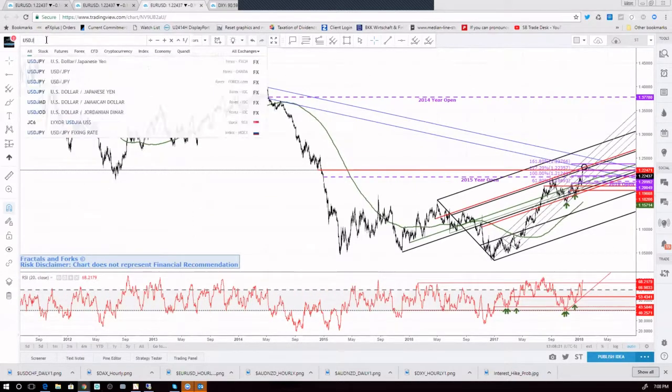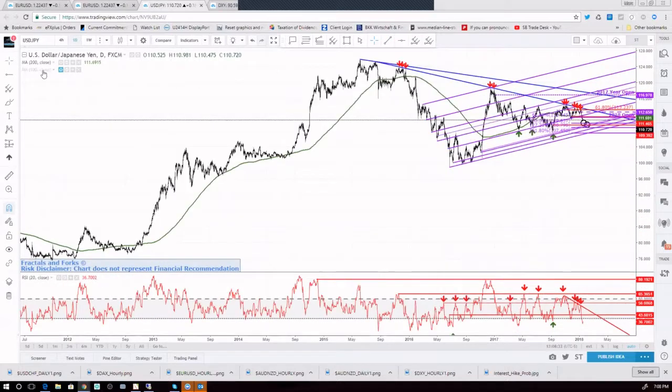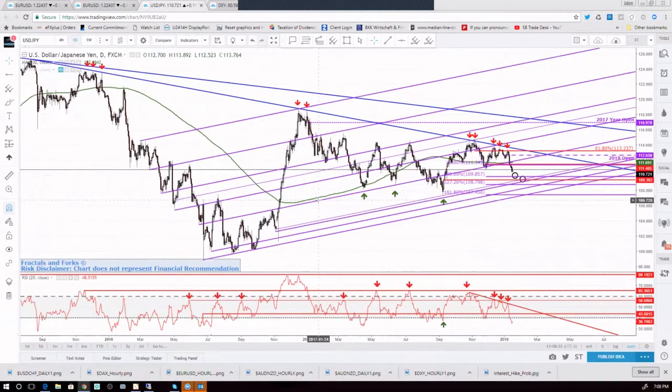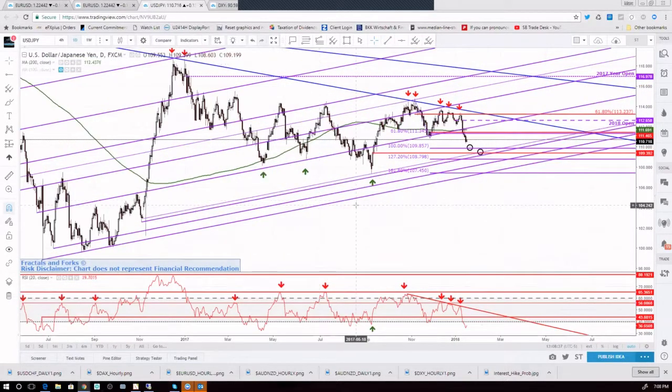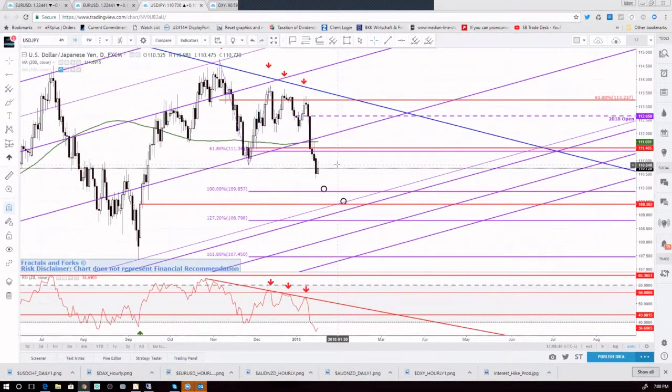The same thing with dollar yen on a daily. Can't really see much, but I was expecting a little bit higher than this, 111.25 or 111.50 for a pullback. We didn't get that.